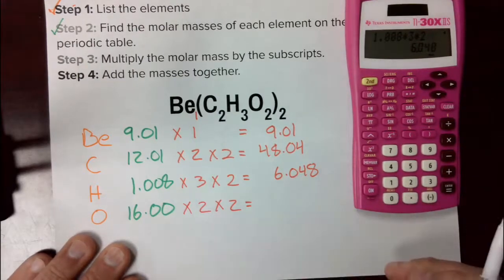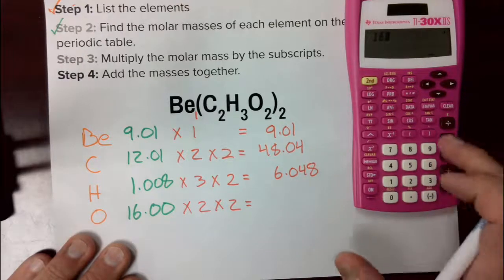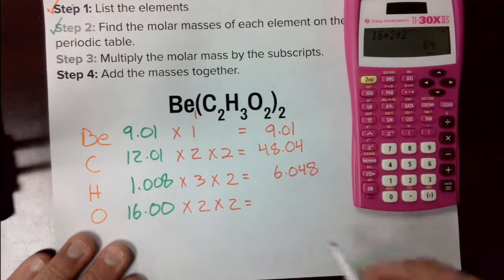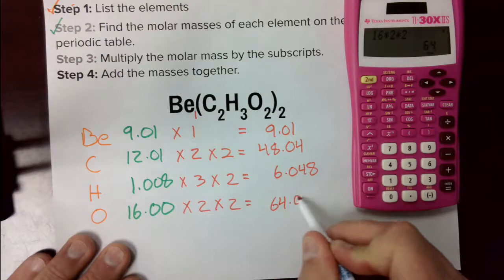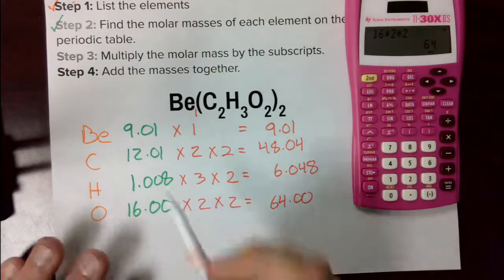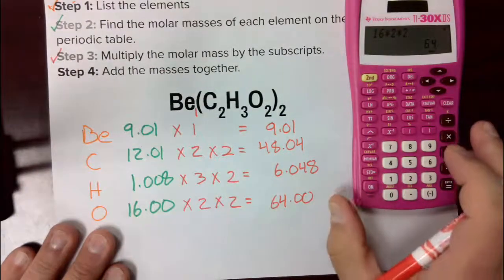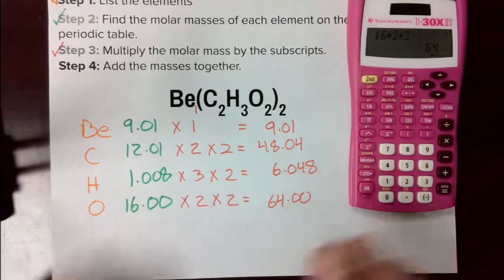And then finally for oxygen, 16 times 2 times 2 gives me 64.00. Step 3, we multiplied all of those by their subscripts.